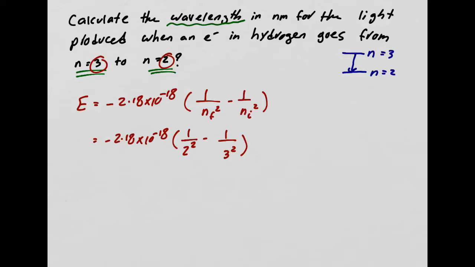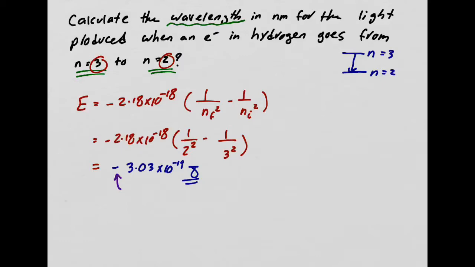Okay. All right. So now, if you plug this in, and actually get your calculator out and make sure you plug it in, the number you're going to get is negative 3.03 times 10 to the minus 19 joules. What does the minus mean here?